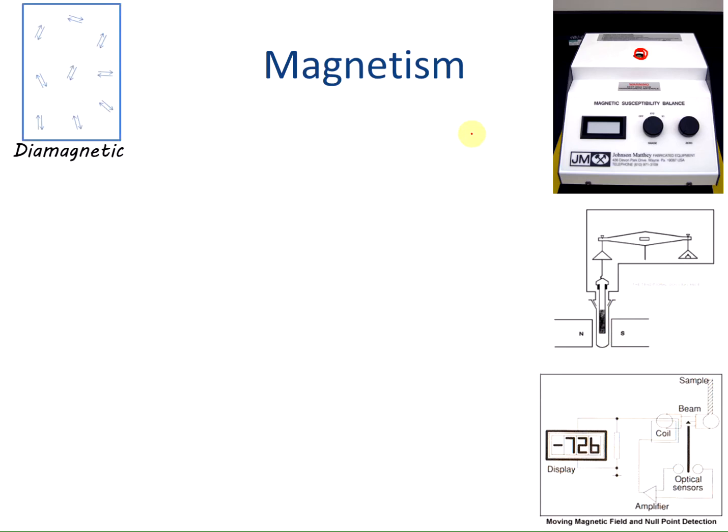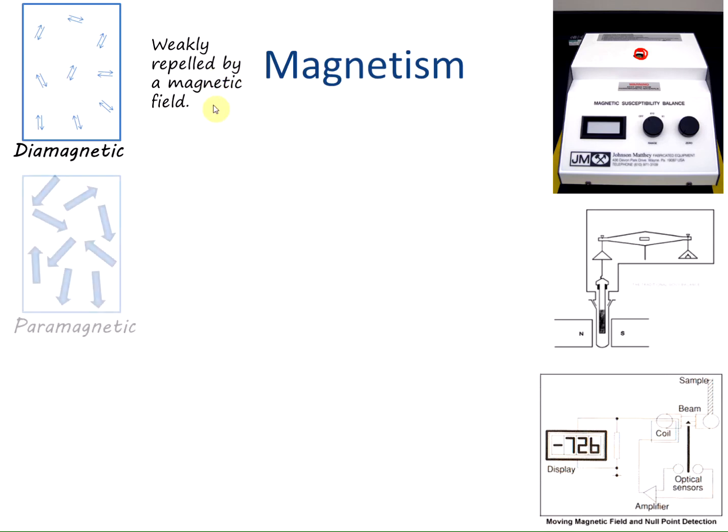So for a diamagnetic complex, all the electrons are completely paired up, so you have no unpaired electrons, and they're going to be weakly repelled by a magnetic field. But paramagnetic complexes have at least one unpaired electron. Each one of these arrows represents a complex with unpaired electrons, and they're all arranged in different orientations, pointing in different directions.